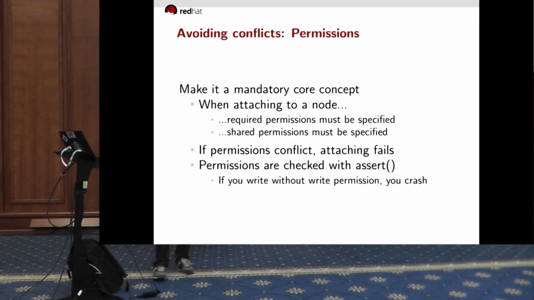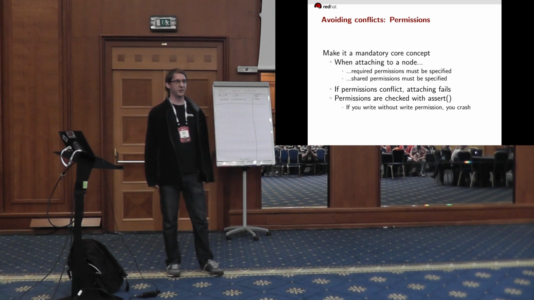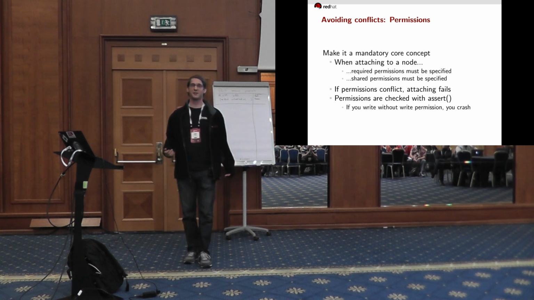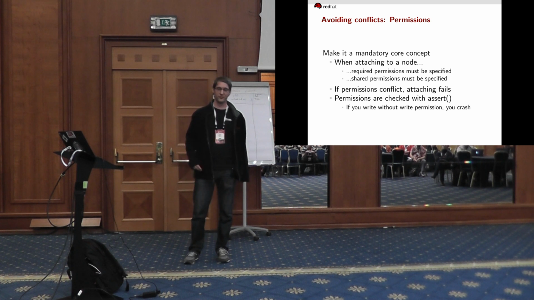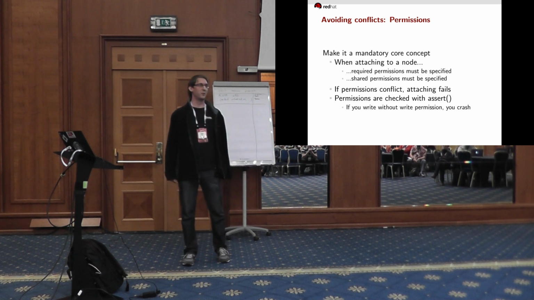So instead of just being tagged on the nodes, like the op blockers before or the in-use flag, this is made a mandatory core concept. Because in the old system, it was easy to just forget to block operations or to forget to check whether someone else is using the node, and that could be conflicting.